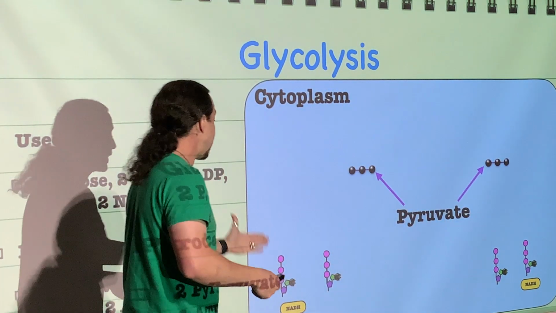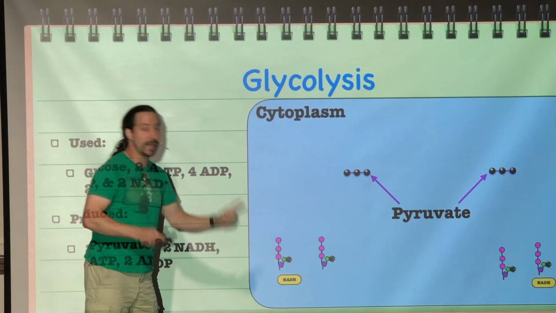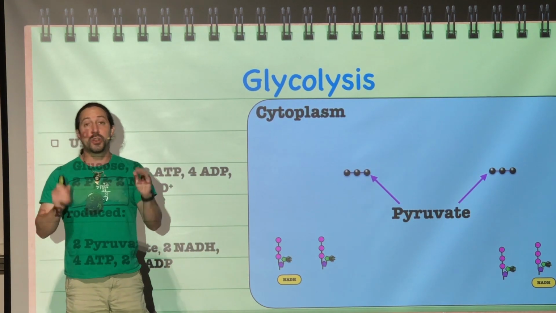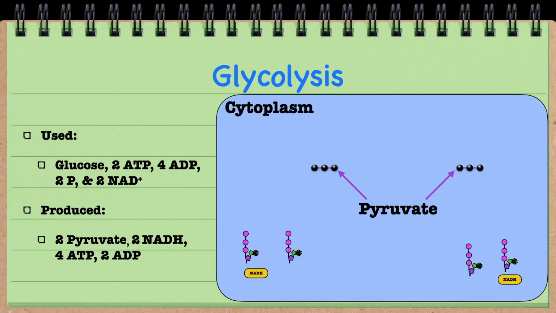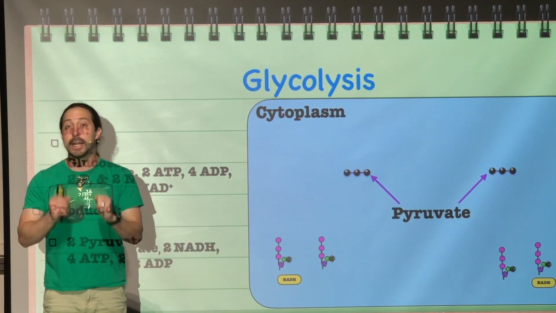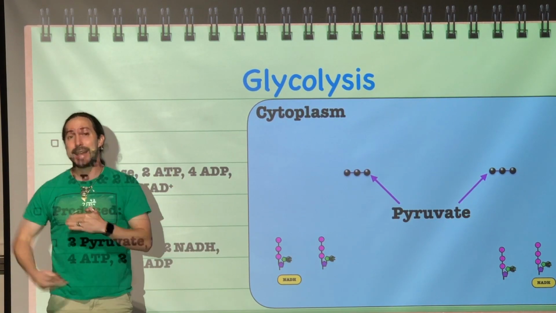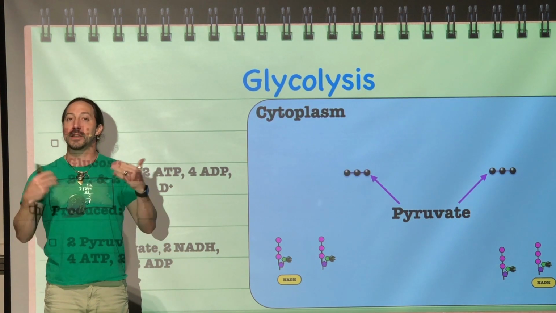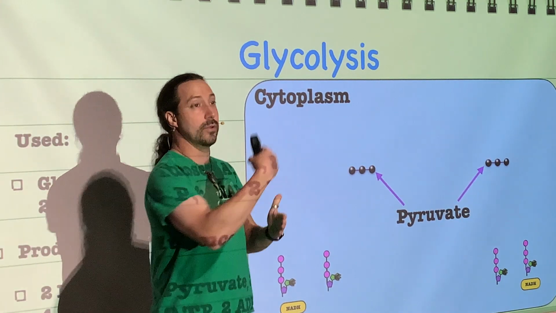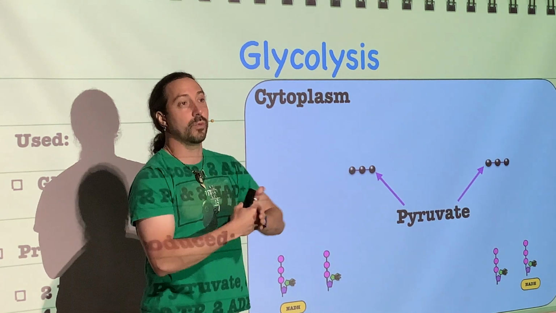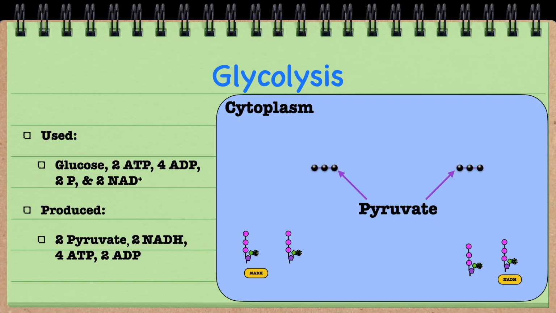We've also generated 2 NADHs, and we've also built a molecule called pyruvate. That's what our final 3-carbon molecule is called. It is pyruvic acid or pyruvate, and that will be really important to start the next stage of aerobic cellular respiration. The pyruvate is going to lead us into what's called the link reaction, which will then go to the Krebs cycle.